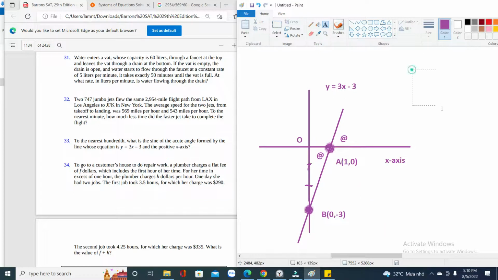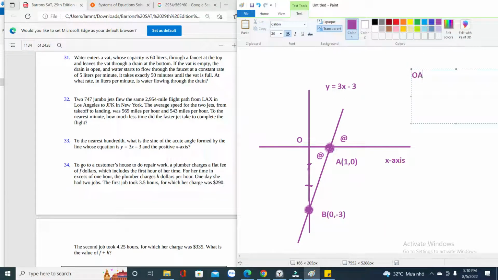So therefore you can calculate OA is equal to 1, OB is equal to 3, right?